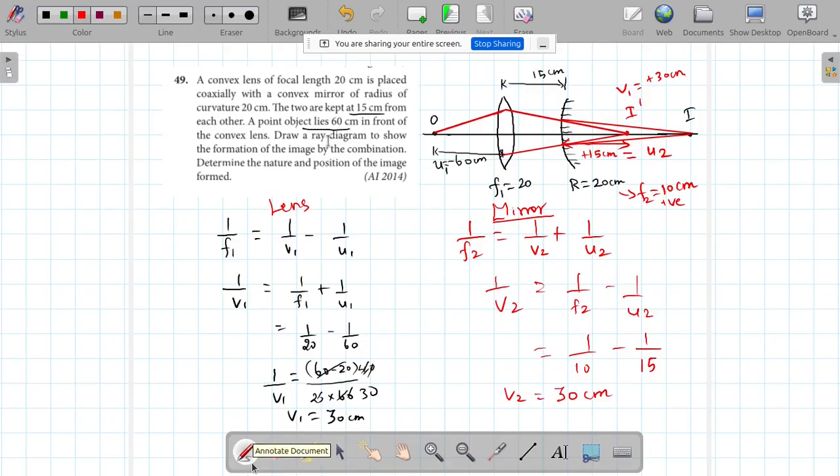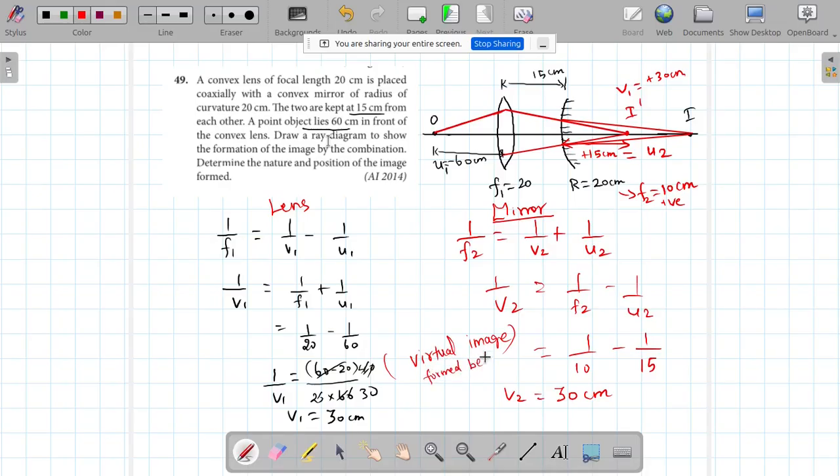The final image is a virtual image, 30 by 15. Why virtual? Because the image is formed behind the mirror.